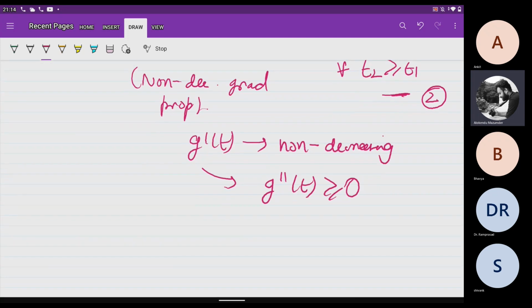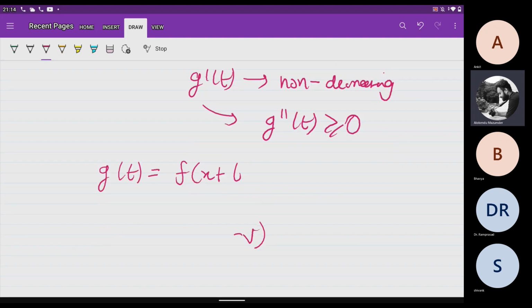Now, g of t is equal to f of x plus tv. Can anyone tell me how I can write g dash of t, where x and v are vectors and t is a scalar?